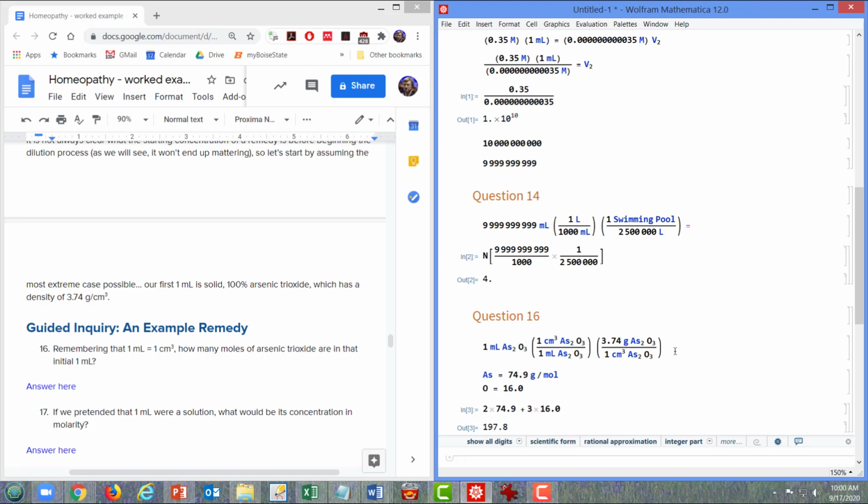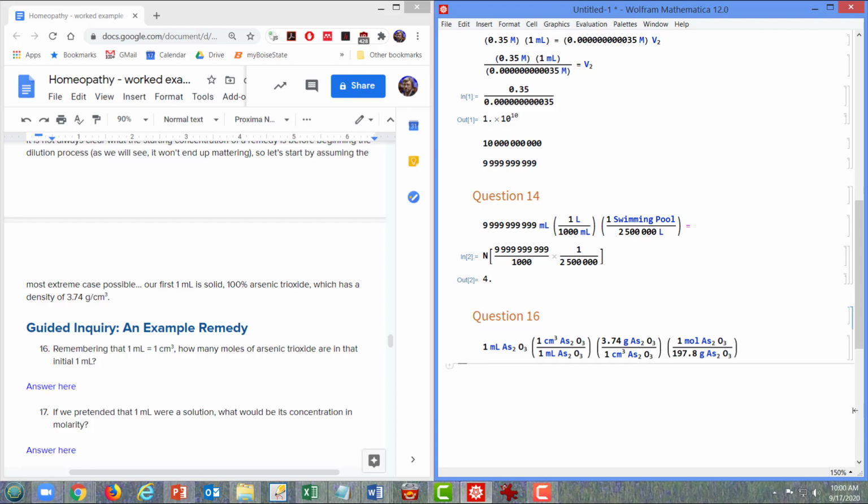And we get here 197.8 grams arsenic trioxide for 1 mole arsenic trioxide. Okay, so we can now get rid of this stuff down here, so we don't need it anymore.